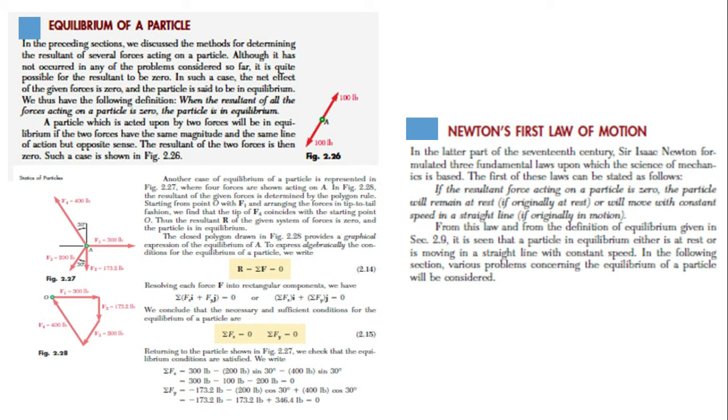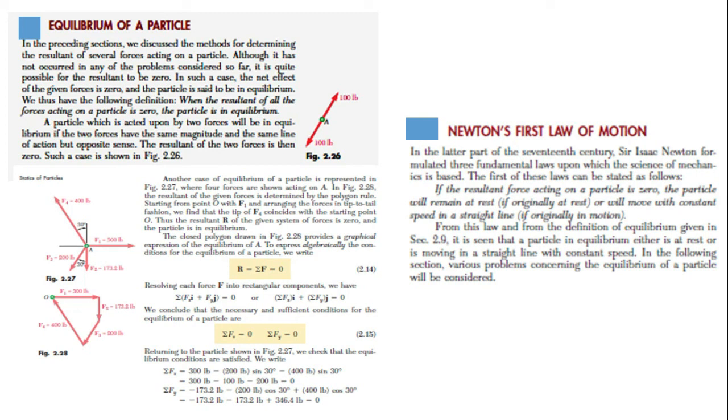Now if you apply that, see what will happen. The vertical force is 173.2 pounds, but a minus sign is there. Why? Because it is on the negative y-axis. Then you apply it again for the 200 pound force. It is 200 pounds cos 30, but a minus sign is generated there.